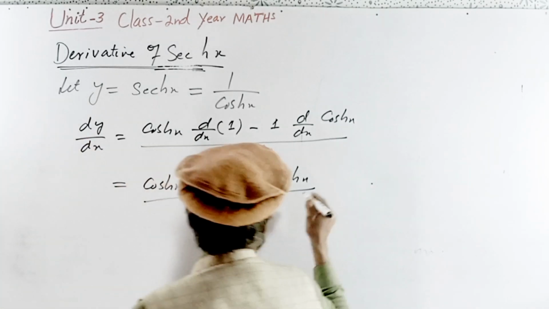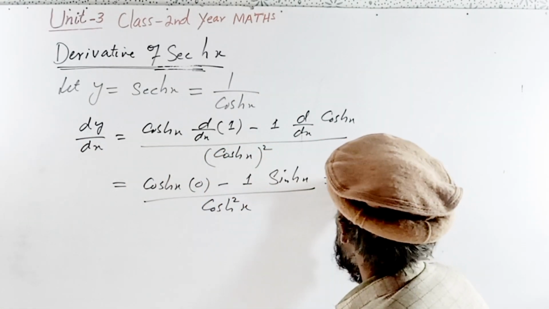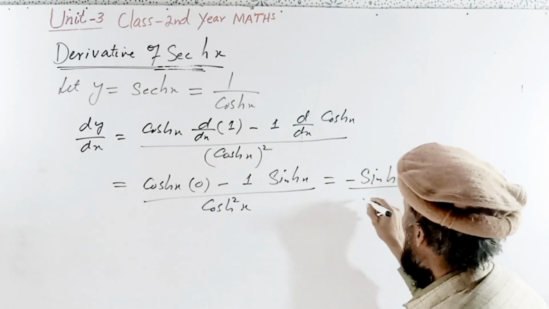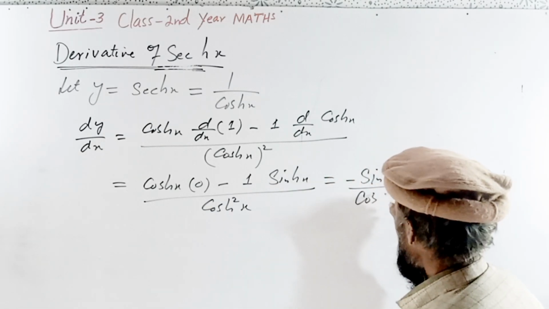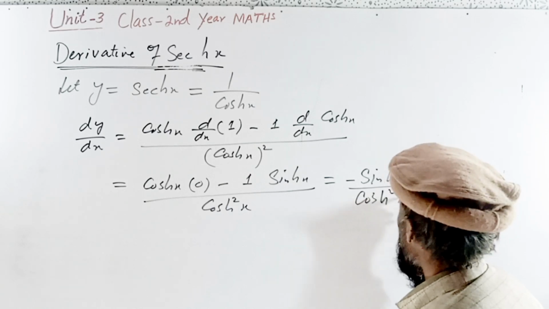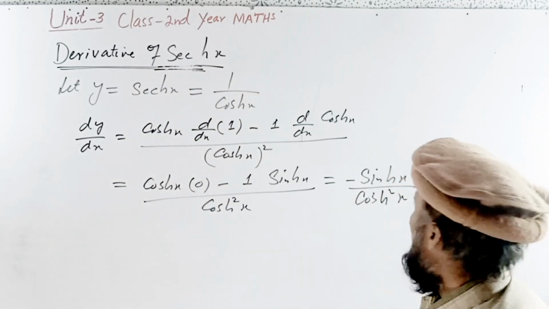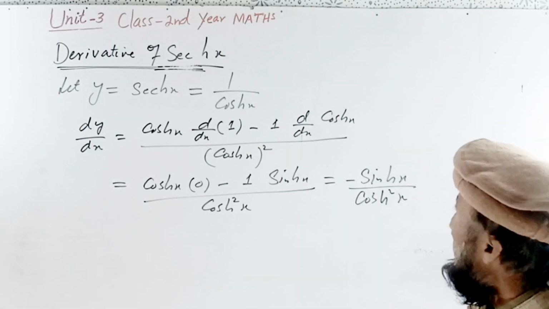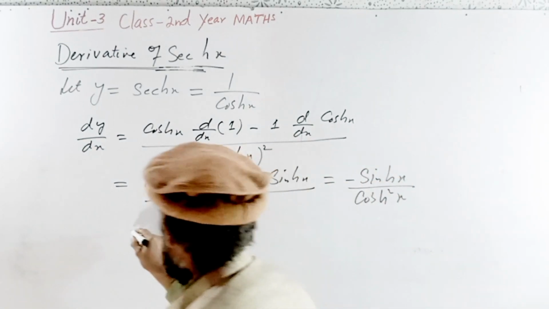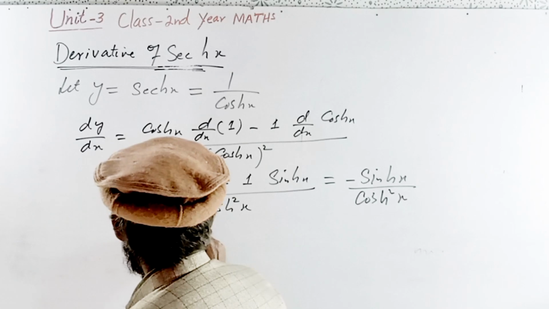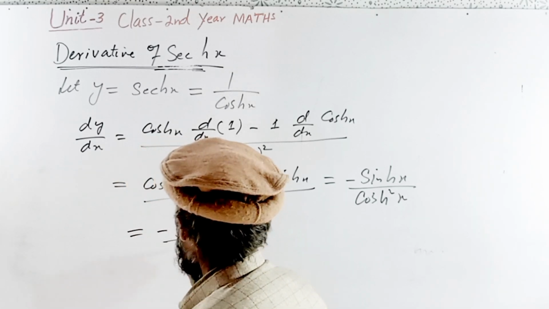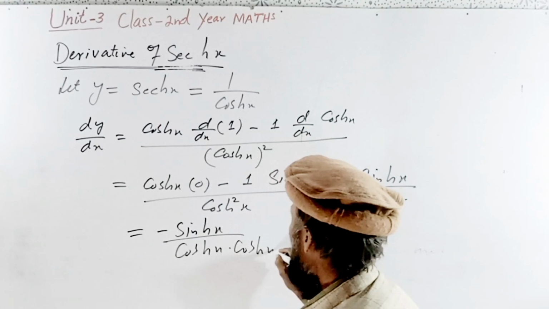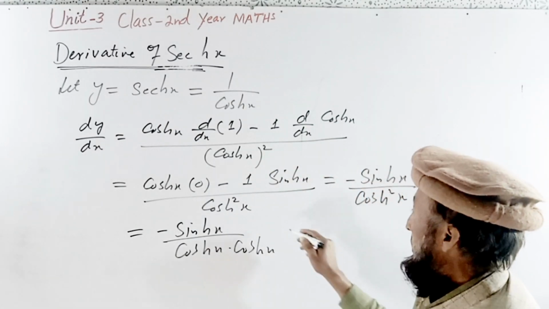So we get minus sine hyperbolic x divided by cos hyperbolic square x. You can write this as minus sine hyperbolic x divided by cos hyperbolic x, times 1 over cos hyperbolic x, because the square is separated.